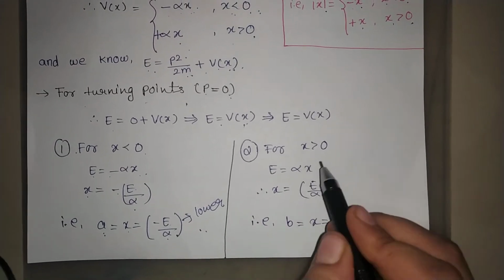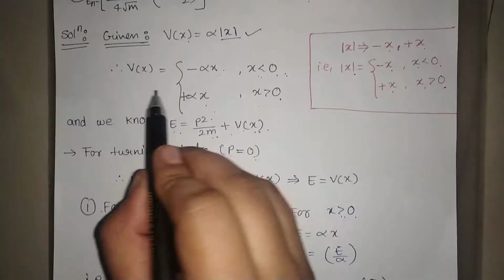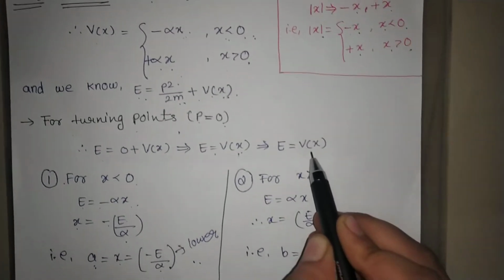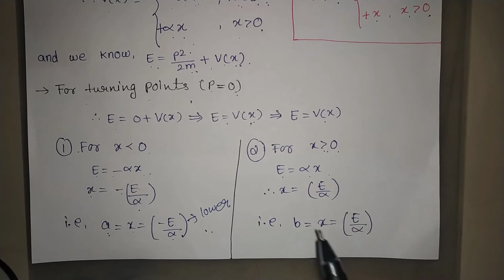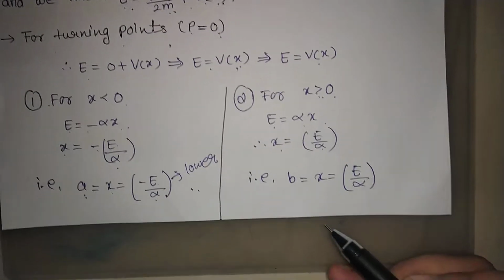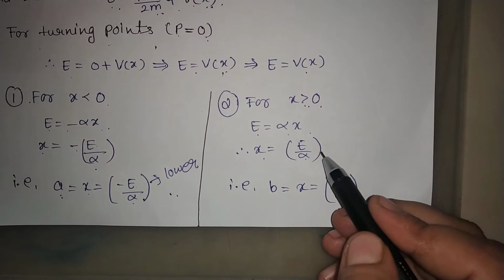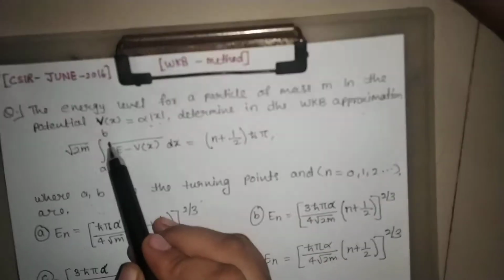Now for x greater than 0. For x greater than 0, the value of potential is alpha x. So we put E equals alpha x, so x will be E by alpha. We have got the positive, that is the higher turning point, the higher limit, that is b.